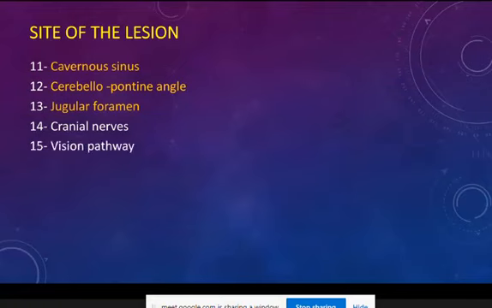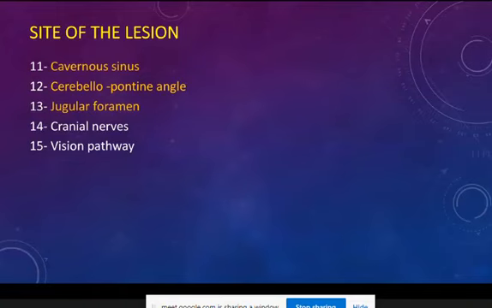Could be in the vision pathway. Vision pathway is localization. Anything that has a long pathway, because the lesion might be at different levels. So the vision, imagine that the eyes are here and the vision center is in the occipital area, about 10 to 12 centimeters, this distance from the eyes to the occipital area.